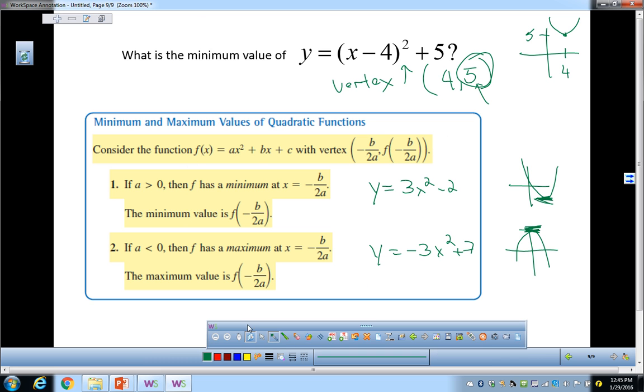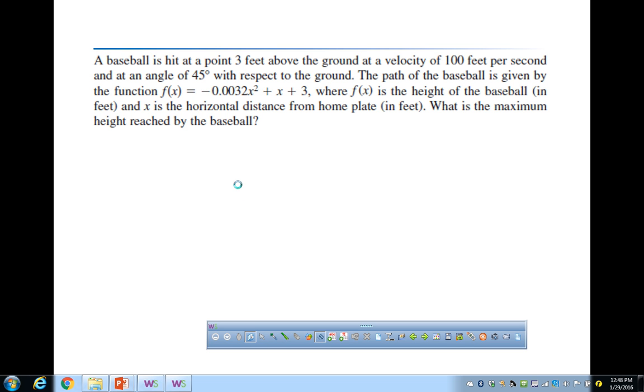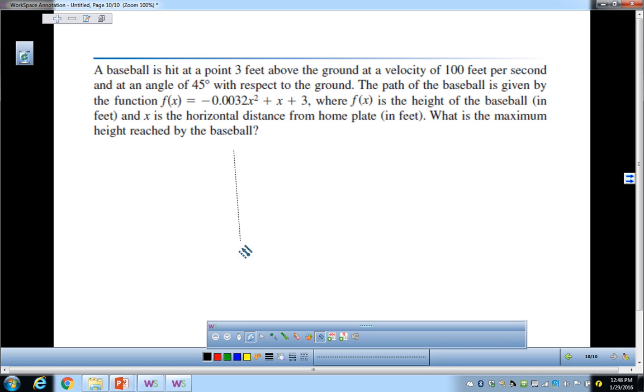So, how does that apply to anything? Baseball, you like baseball, right? So a baseball is hit at a point 3 feet above the ground with a velocity of 100 feet per second, at an angle of 45 degrees. When we get to the parametric equation chapters, we'll worry about this 45 degrees and this 100 feet per second and where this equation comes from.